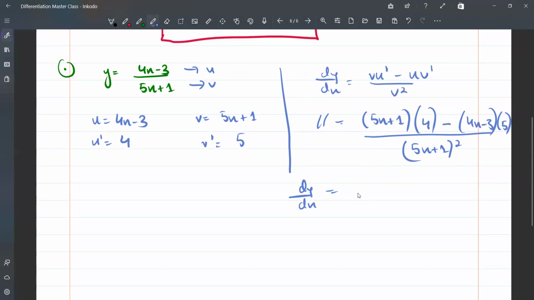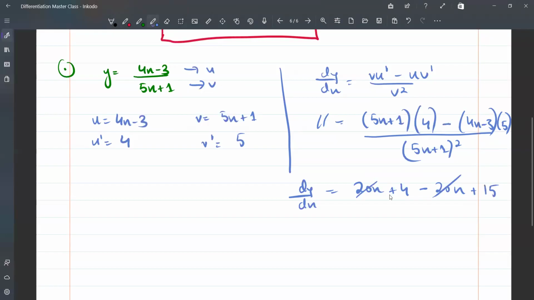So this would give us, if we multiply 5 into 4x, 20x, and 4 ones are 4, minus 5 into 4x, which is minus 20x, and minus and minus plus is plus 15.